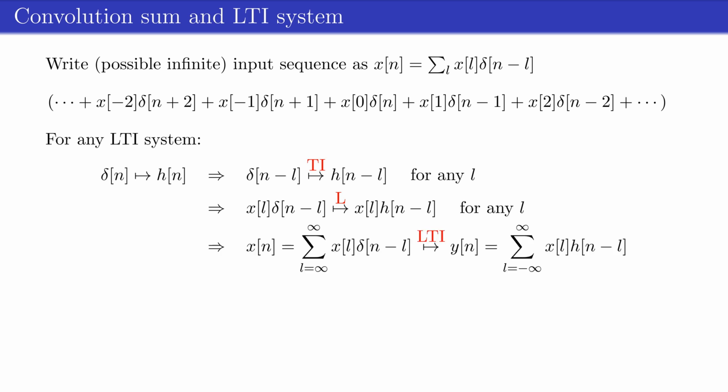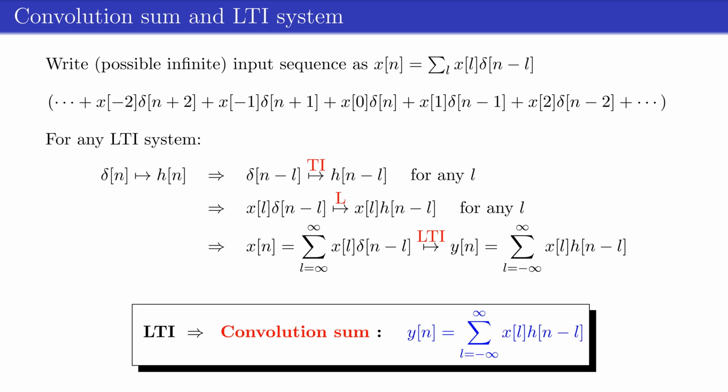Finally, summing over all indices l results into the given output signal y[n]. Concluding, it follows that indeed the output y[n] of any LTI system can be evaluated by the convolution sum procedure of the input x with the impulse response h of the LTI system.